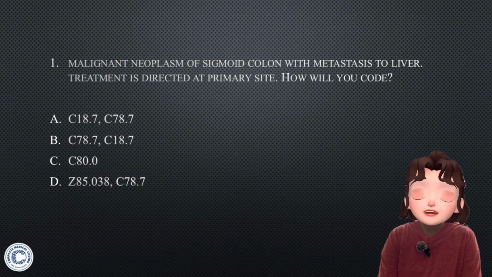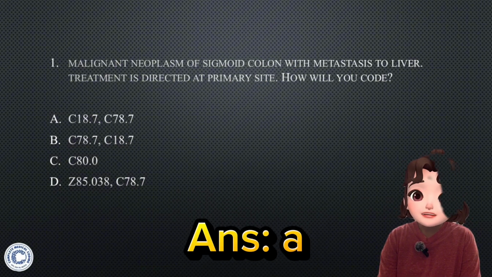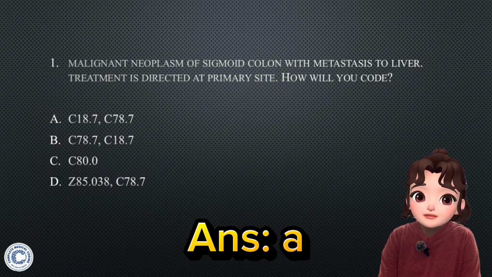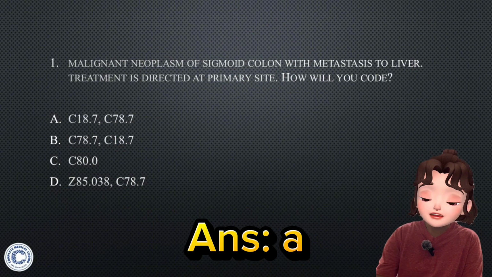No. Since we have the direct code, you have to always follow the direct code. So here the answer is option A. The primary site is malignant neoplasm of sigmoid colon, and then secondary C78.7, which is the liver site. The site of liver is the secondary code. So the answer here is option A.